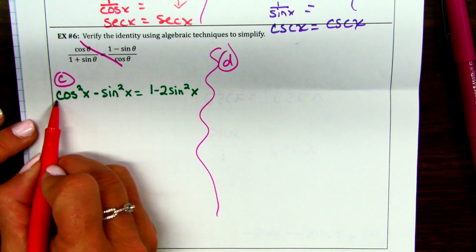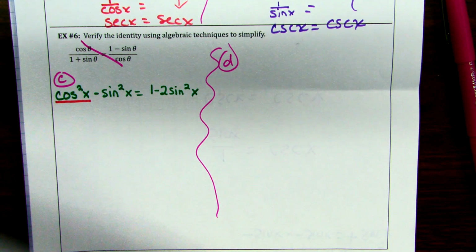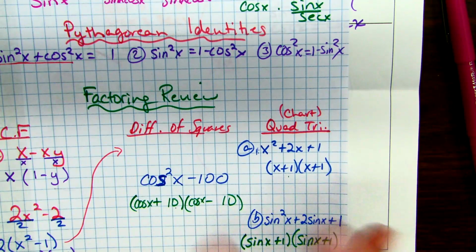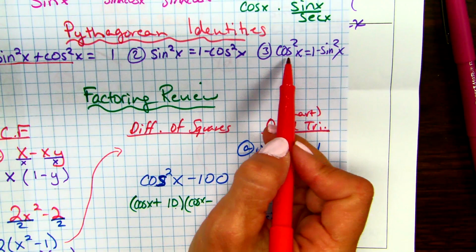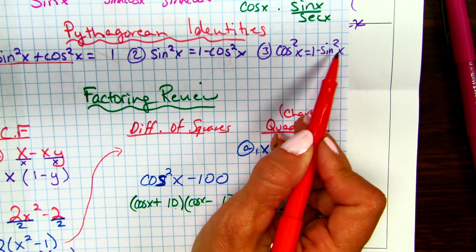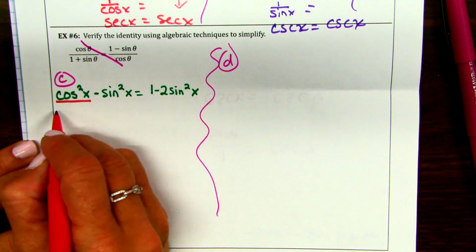Let's see what we could do with this. Cosine squared x is one of my Pythagorean identities. Now I told you to look for it. It doesn't have to be the right-hand side, it can be the left-hand side. In this case, we're actually going to replace cosine squared x with 1 minus sine squared x. And I know what students are thinking at this point.